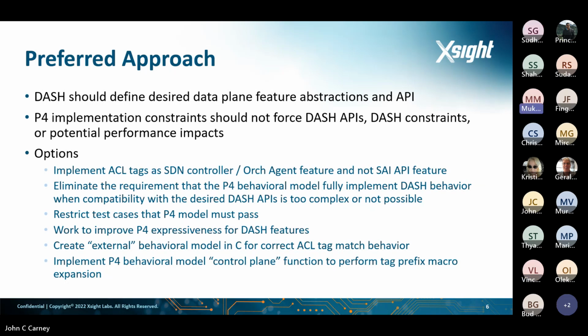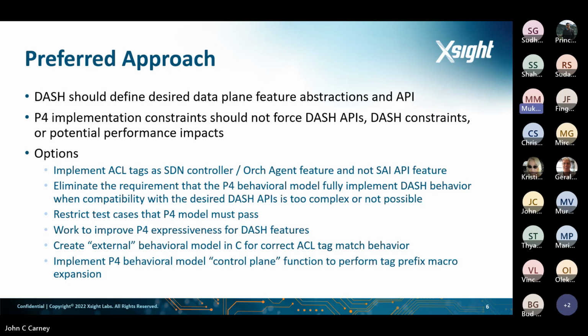So one example that I could think of, I think we have had prior examples of this where P4 code dictates how the SAI API should look. One example I could think of is the ENI attributes.